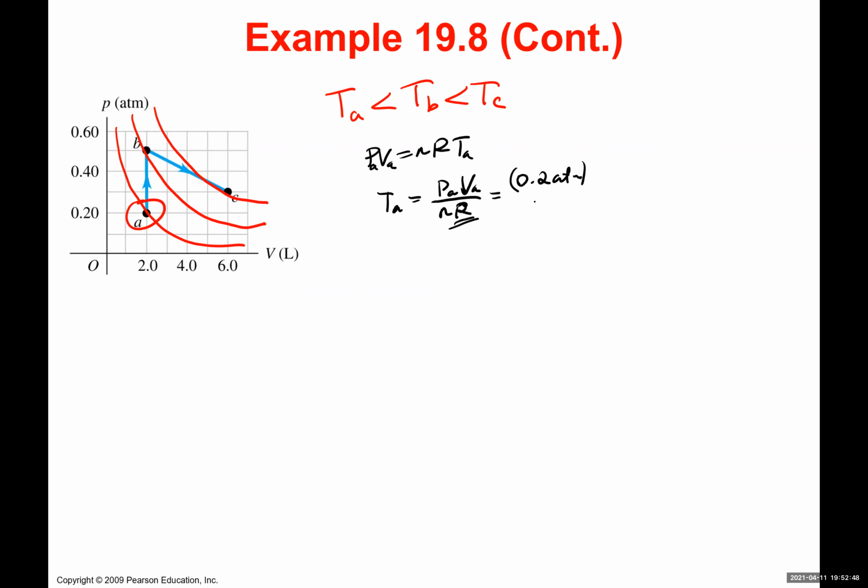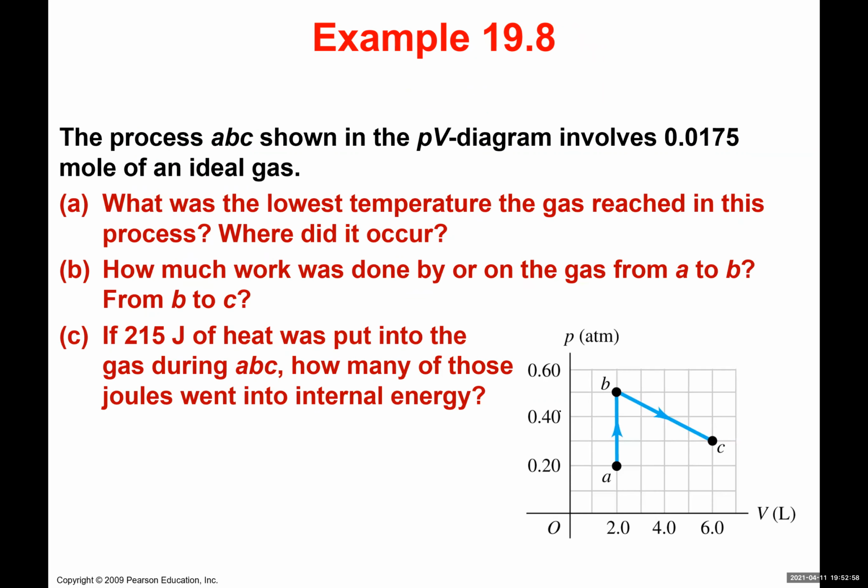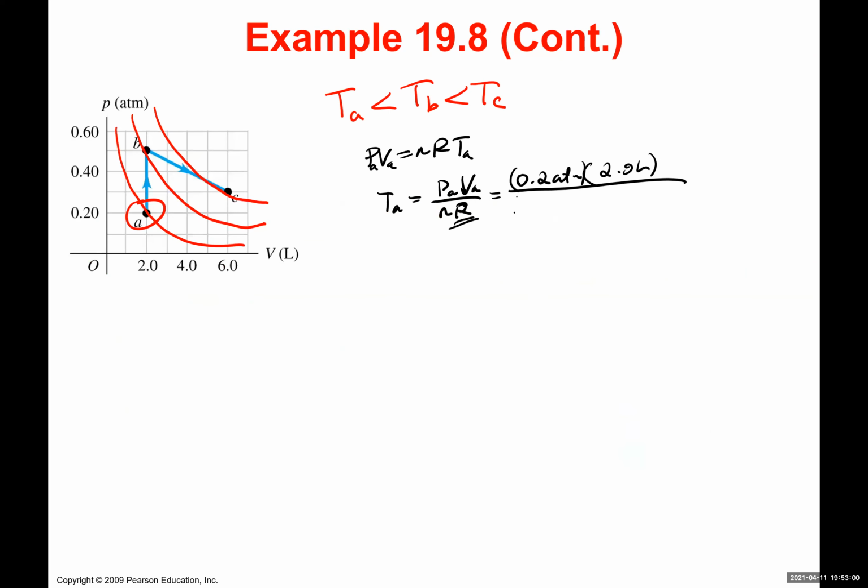That means keeping the pressure in atm, keeping the volume in liters, and dividing by the number of moles. I think the number of moles was 0.0175. But the constant now I'm going to use is 0.08206, in liters atm over kelvin mole.